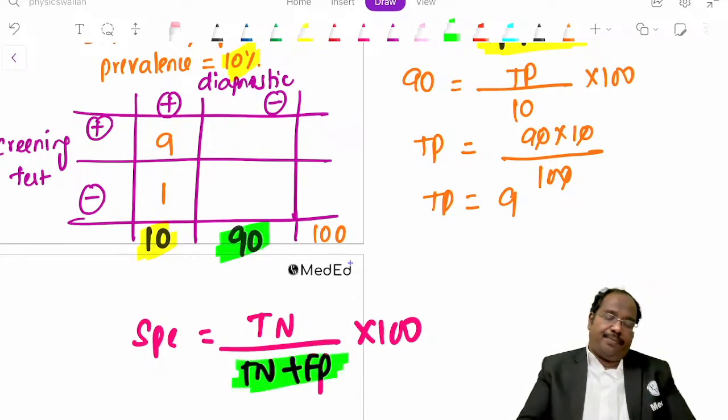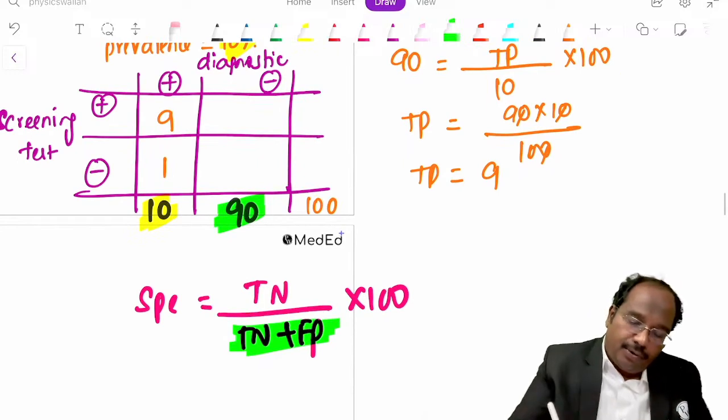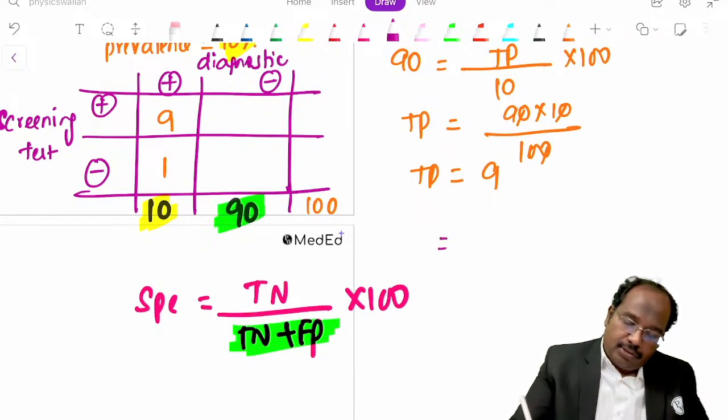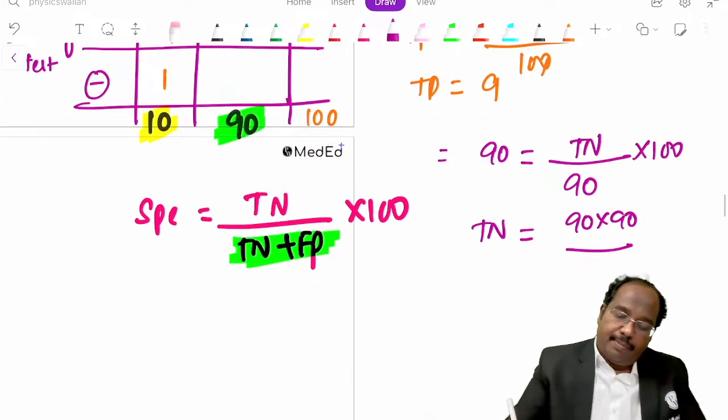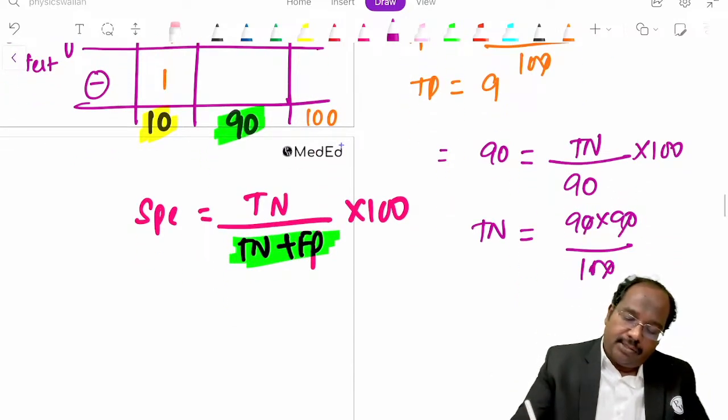So we do the calculation here: 90 is equal to true negatives by 90 multiplied by 100. So true negatives comes as 81, guys.